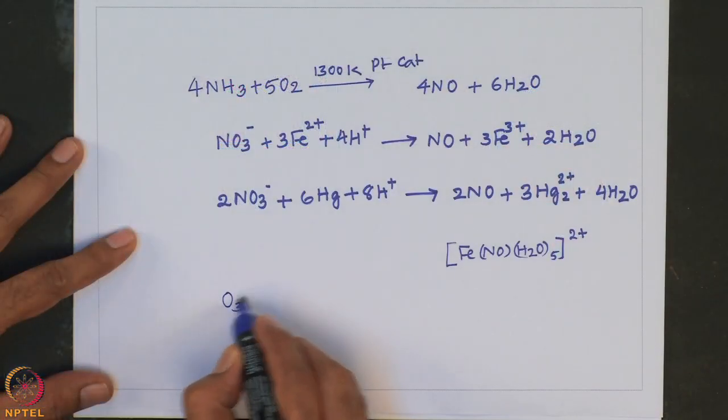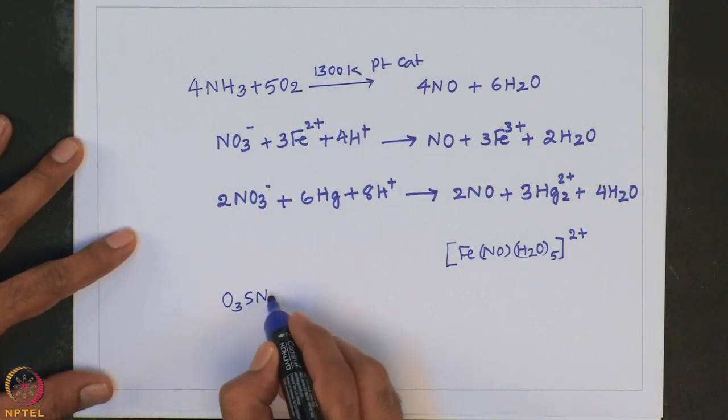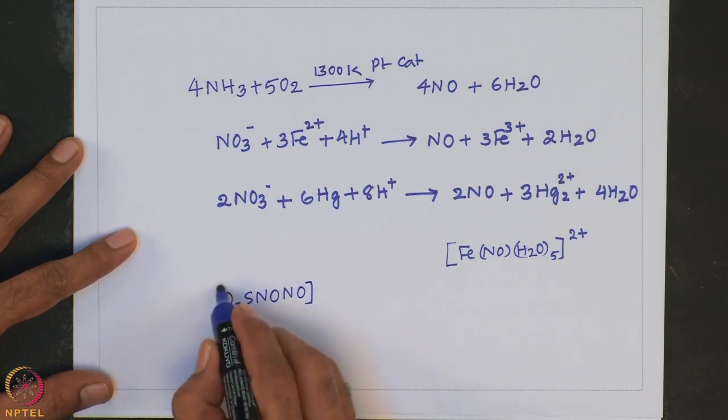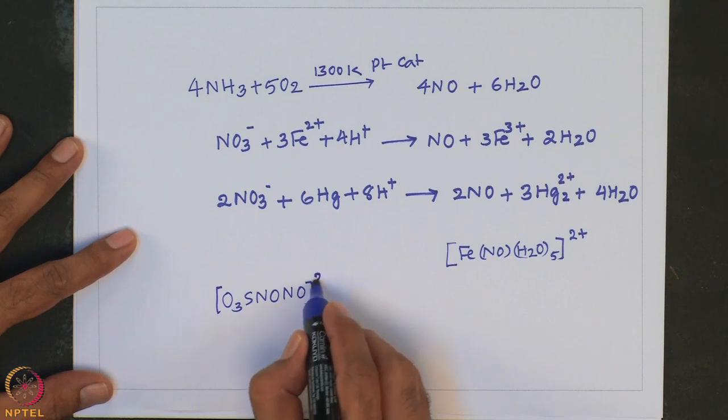So, one of the oldest known reactions of NO is the formation of N-nitroso-hydroxylamine N-sulfonate, that is known since 1800. Okay. It is a very interesting one. That compound is O3SNO, NO 2 minus.